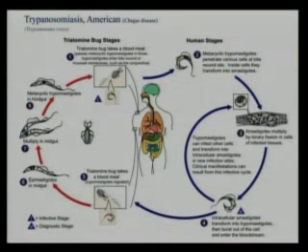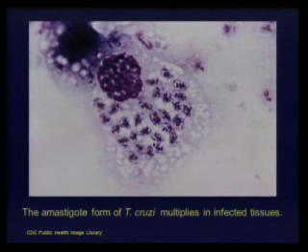Then it burrows into one of your cells and transforms into the amastigote stage, where it multiplies and uses up the food materials in the cell. And here's what it looks like. Each one of these is going to burst forth after it uses up the resources in the cell and be infectious and looking for another cell to infect in your body.